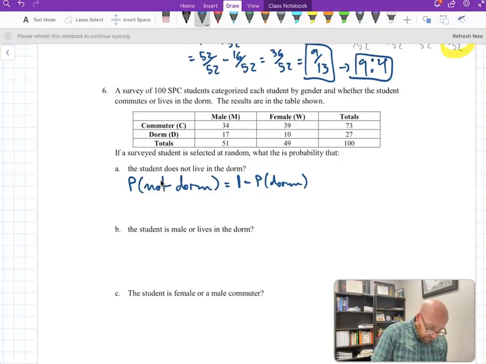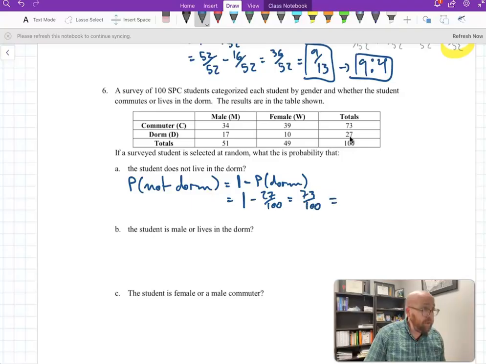Okay? So that's going to be equal to 1 minus the probability that they do live in a dorm, which is 27 out of 100. That is going to be equal to 73 out of 100, which is 73%, or 0.73.